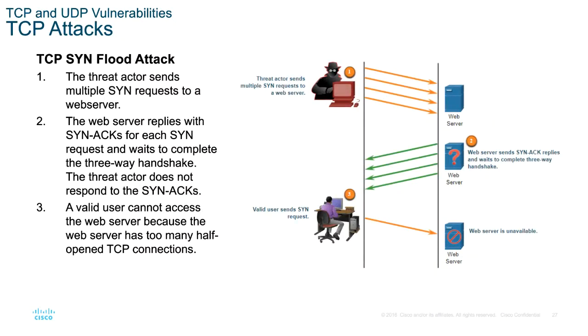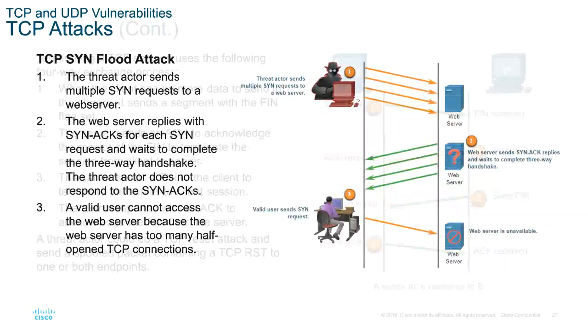Because you're only doing a partial opening, it's tying up resources so that legitimate users cannot gain access, because all of the ports have been used up with these bogus connections, and they've got to time out before legitimate usage can be connected.